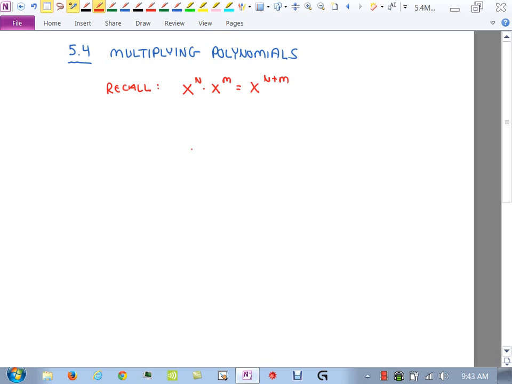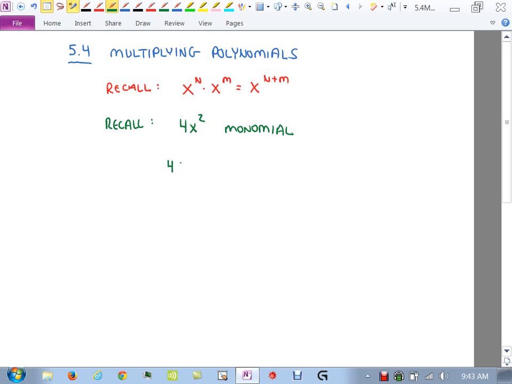All right, now, I will remind you also that if we had something like 4x squared, how many terms do you see there? One term, right? Terms, remember, are separated by addition and subtraction. We call this a monomial. Mono meaning one.